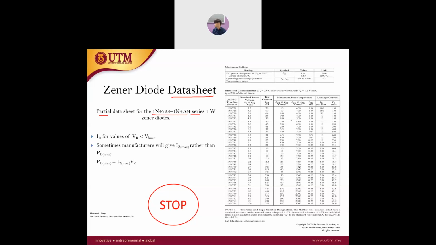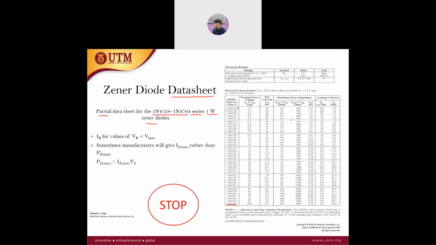Series means you have multiple diodes under that same series, from 1N4728 until 1N4764, meaning diode type 1, diode type 2. So you have many diode models under this data sheet, the 1 watt Zener diode.